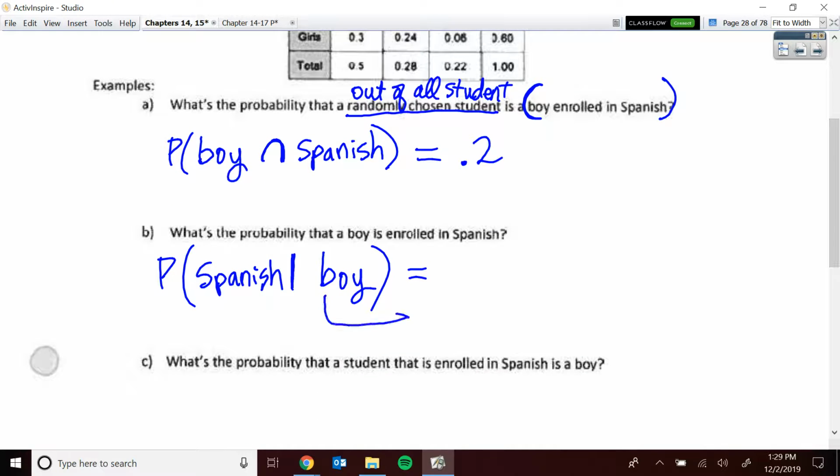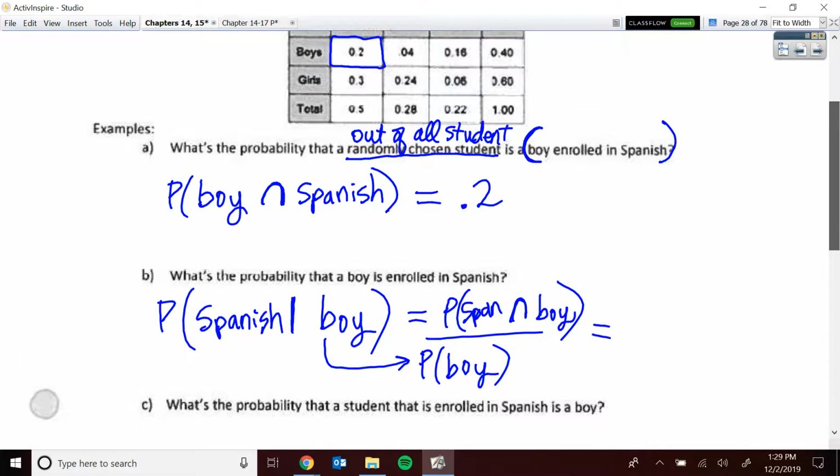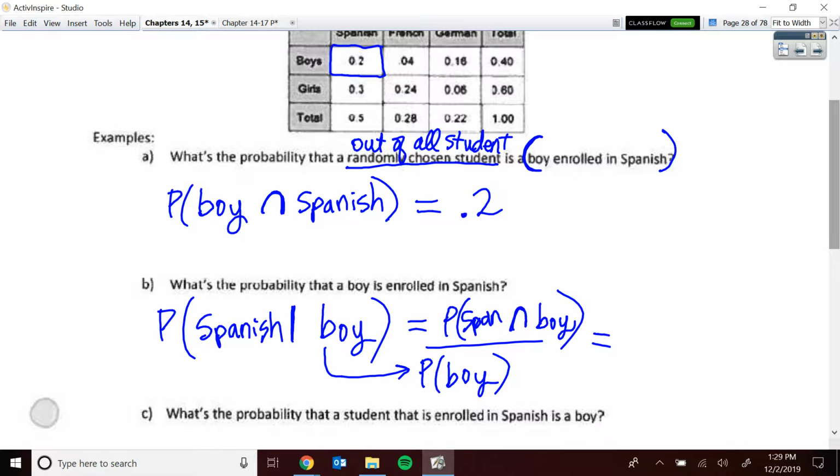It's based on the fact that you're a boy. Now I'm going to write extra steps here and then I'll show you what you have to show. Probability of boy, and then what goes on top is the Spanish and boy. Okay. So what's our total proportion of boys in the sample? 0.4, but what's the intersection of the Spanish boys?